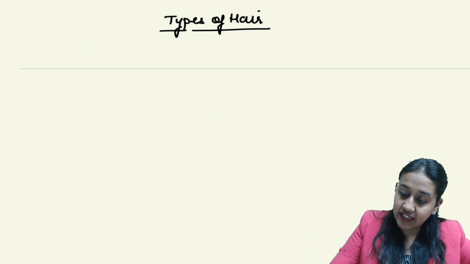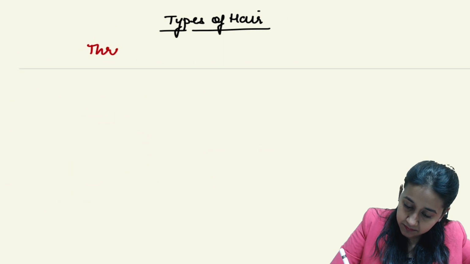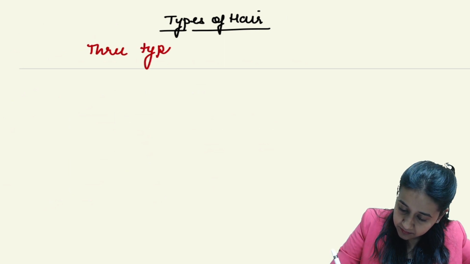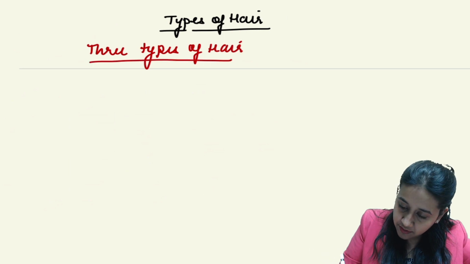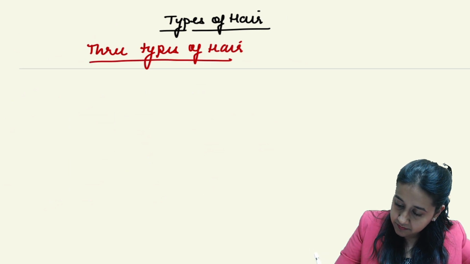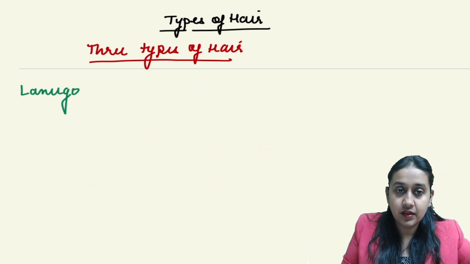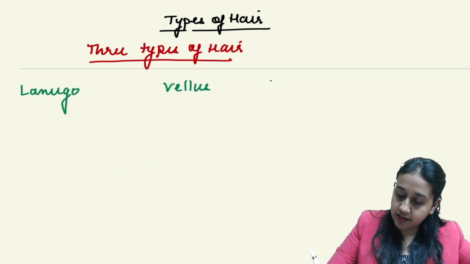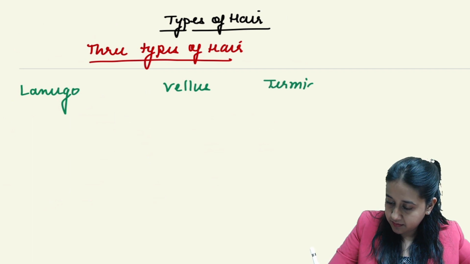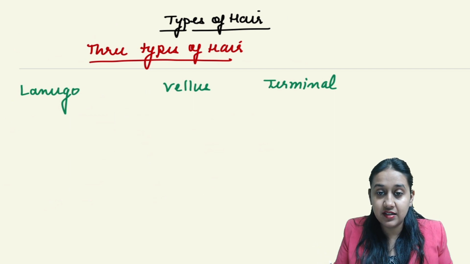Please remember we have three types of hair with us: lanugo, vellus and terminal. We have three types of hair, lanugo hair, vellus hair and terminal hair.